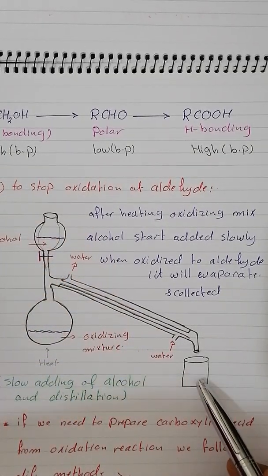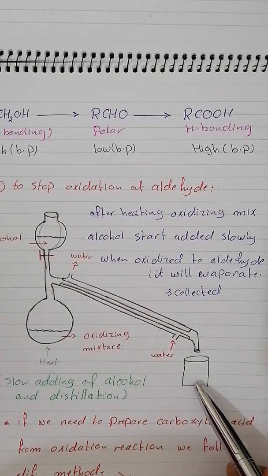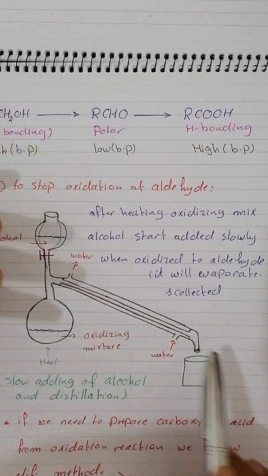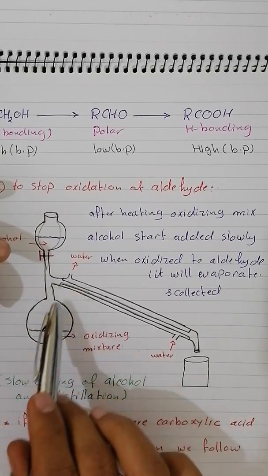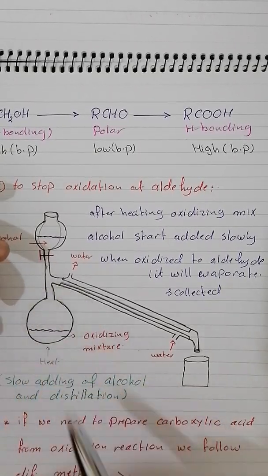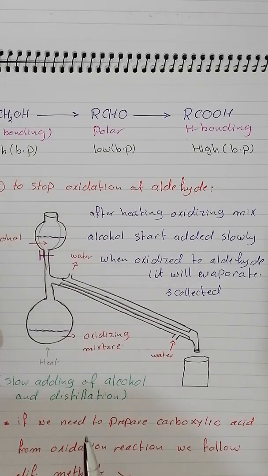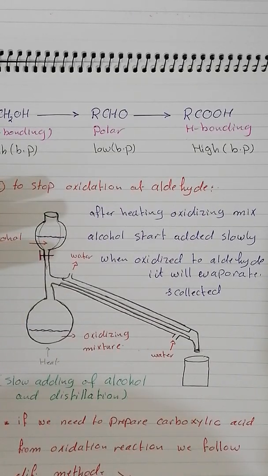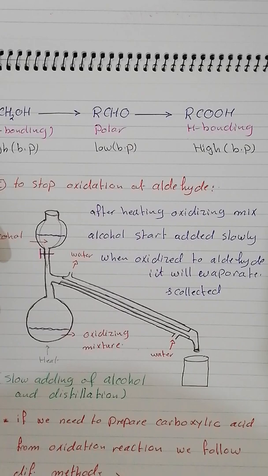Later we will know this is not the suitable way to collect the organic products, but now it's a simple idea. We need to explain how we will avoid escaping of aldehyde. So by slow adding of alcohol and distillation of aldehyde, we can collect the aldehyde and prevent its escape.